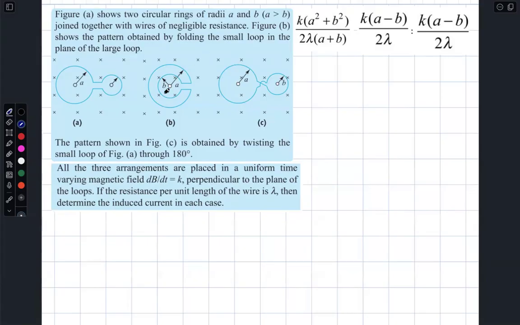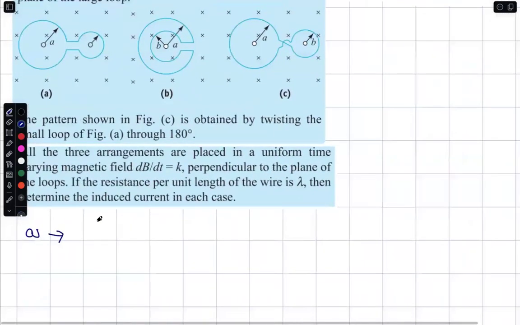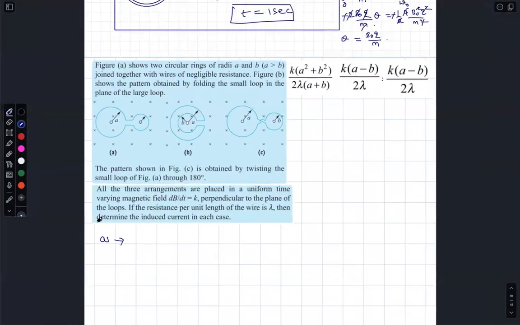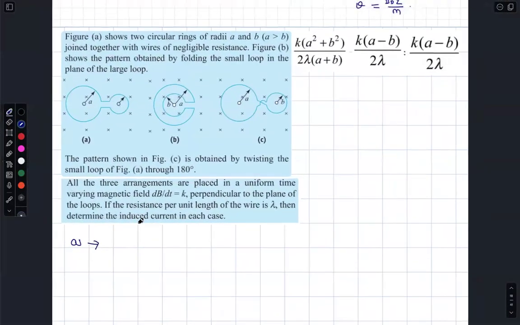Simple. If I take case A, all that discriminates this part is area. Area, according to me, in this case is pi times (a square plus b square).